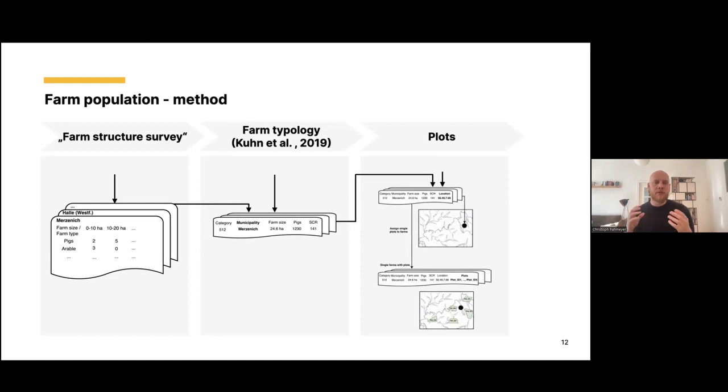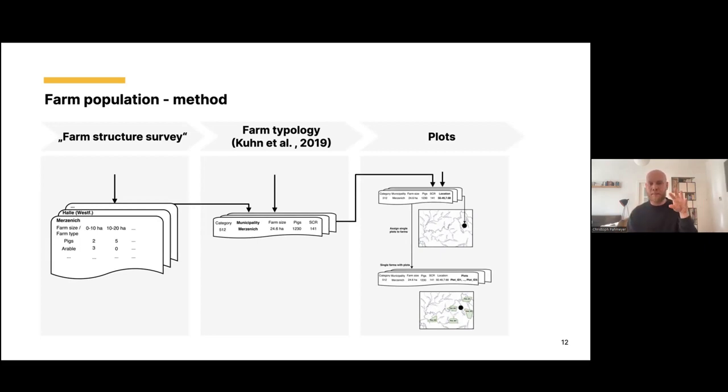Since we now knew, for instance, that there is a farm with category 512, which means it's specialized in pig fattening production, the size, due to the farm typology, gives us a normal distribution of min and max farm sizes, standard deviation, and so on.